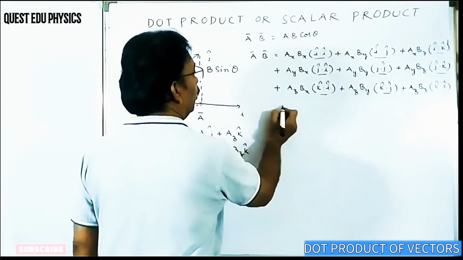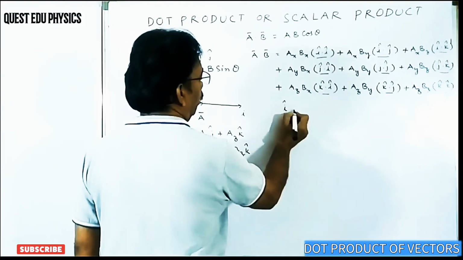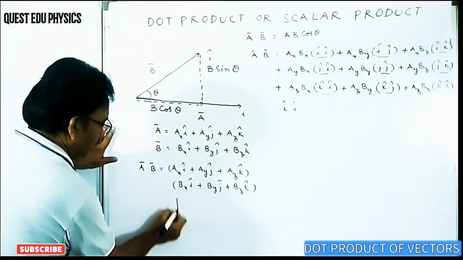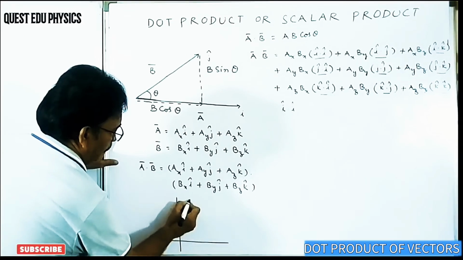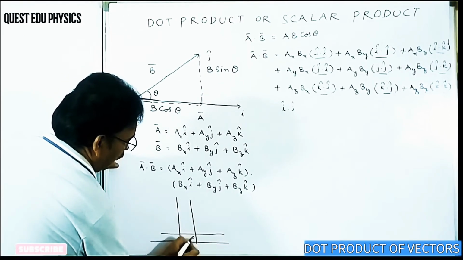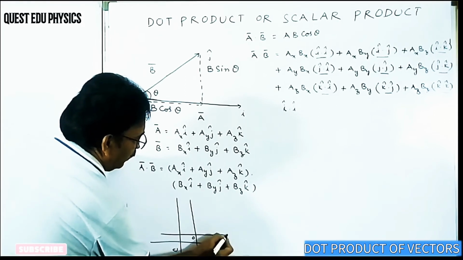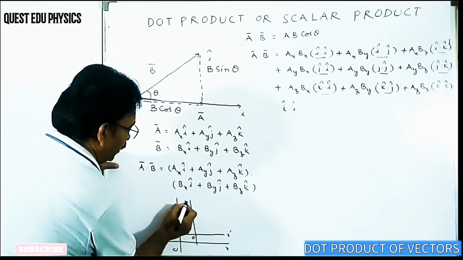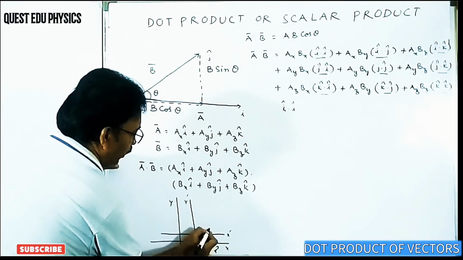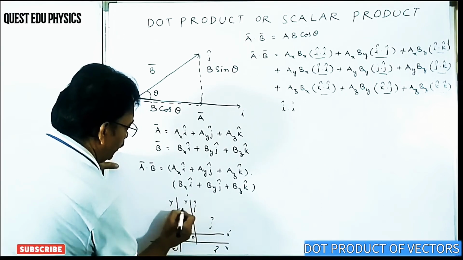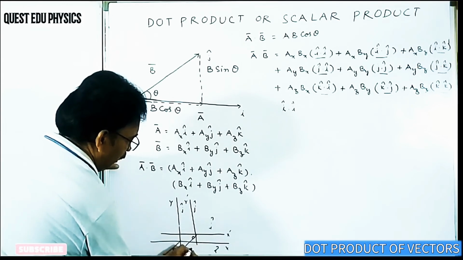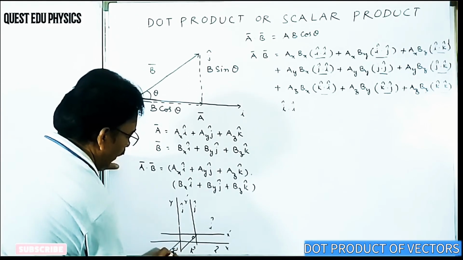If you take i cap dot i cap, here you can represent the system like this: the origin, the x-axis, the y-axis with unit vectors i cap, j cap, and the third axis, k cap.